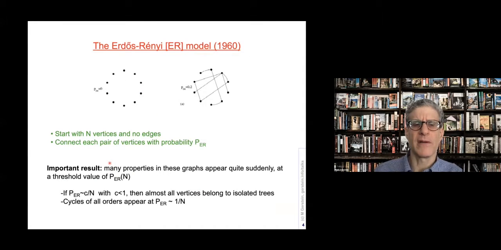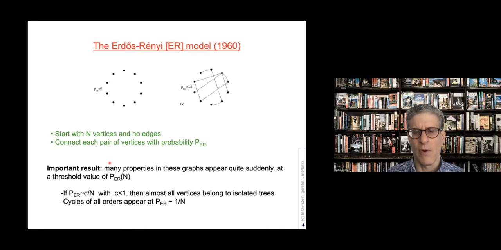So the ER model is pretty simple, but it's sort of the background that we use to talk about these things. So here we imagine we start with a bunch of vertices which don't have edges, and then we connect a pair of vertices with a certain probability. And the probability, it's called P sub ER, we can vary it.